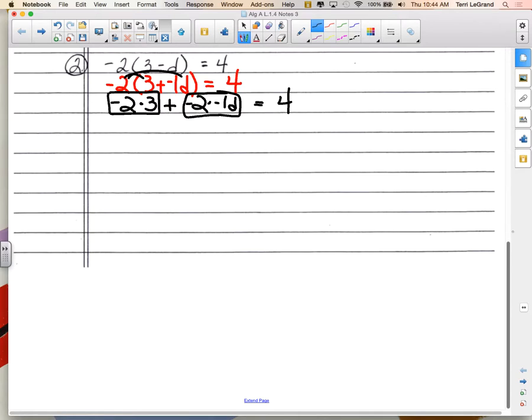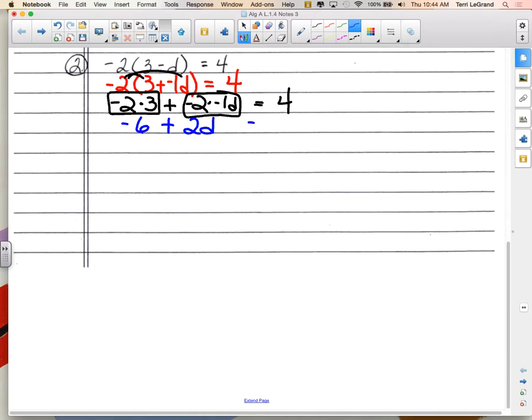So what does the left side become? Negative 6 plus a positive 2d, because a negative times a negative is a positive.